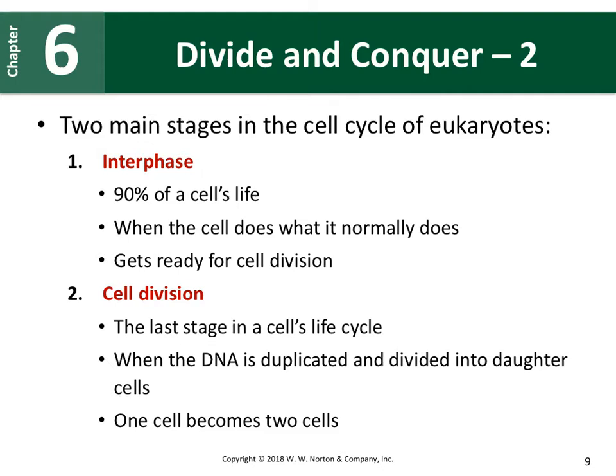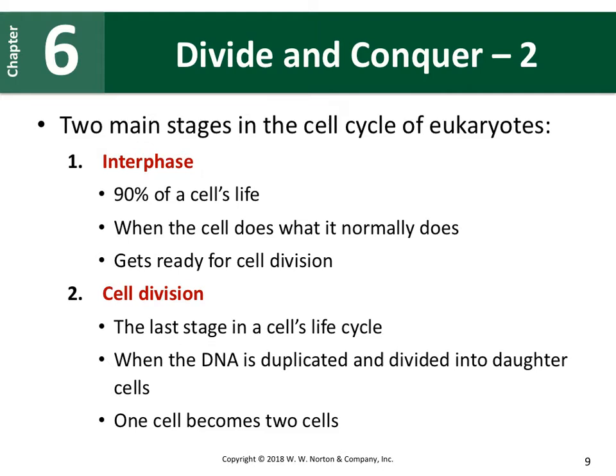If it's a muscle cell, it makes the proteins it needs for that cell, and it does all the muscle functions. So muscle cells are contractile, they operate in a certain way. The same thing happens with lung cells or blood cells or whatever.